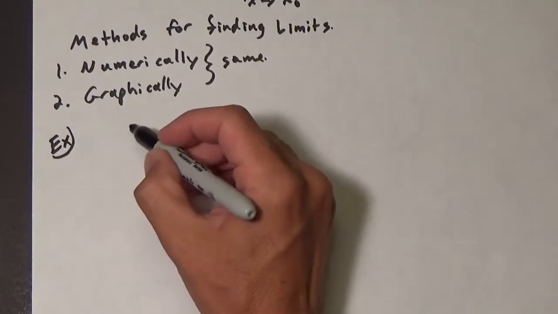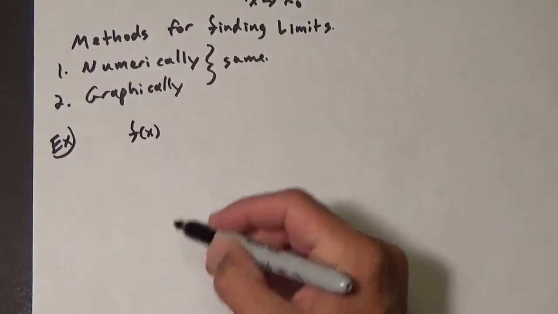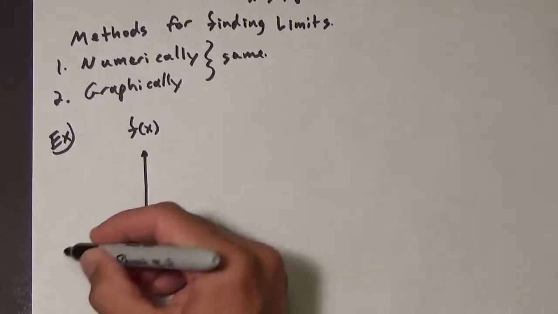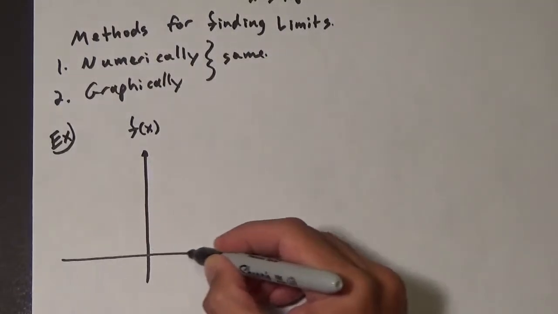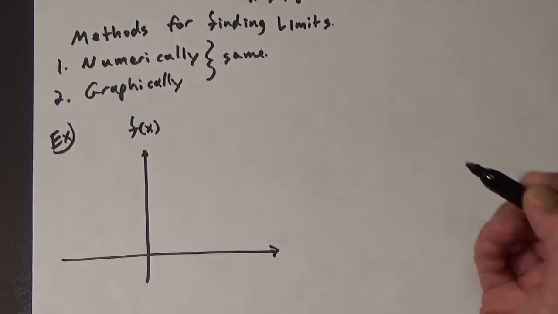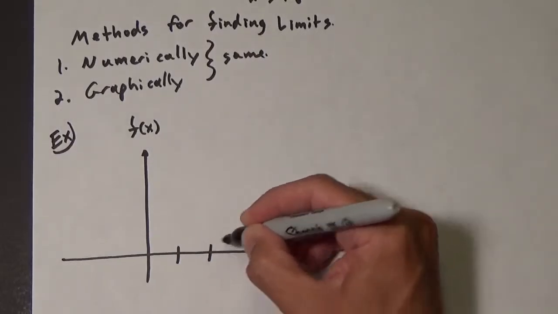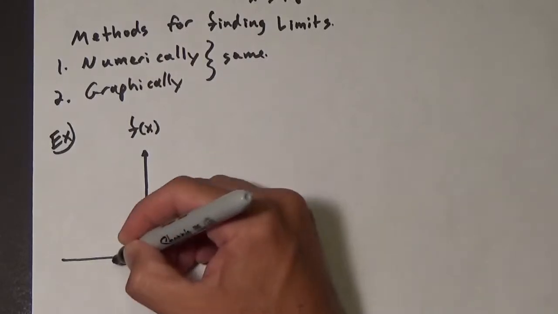So here is some function, f of x, and this is just a made-up function. But it helps us study limits. 1, 2, 3.